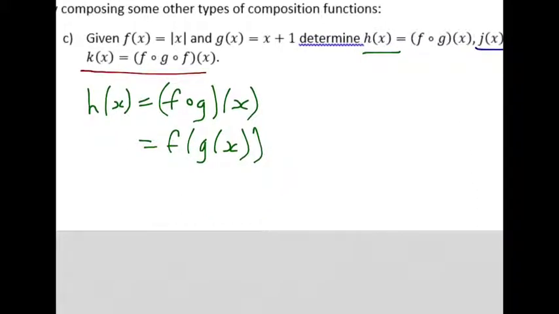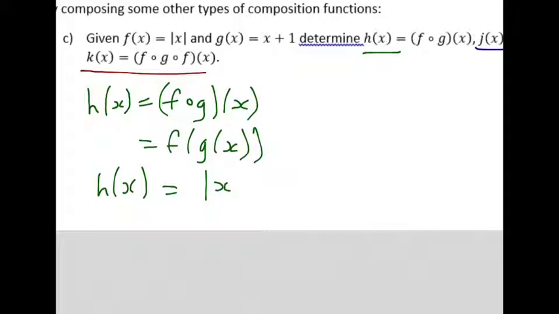Okay. So f of x in this case is the absolute of x. Right? So h of x would be the absolute of, can you get it? Wherever I saw x previously, I replace it with g. Absolute x plus 1. So it would be the absolute of x plus 1.